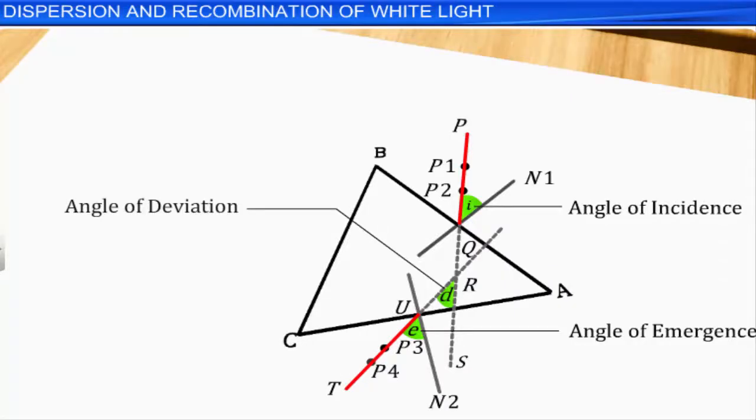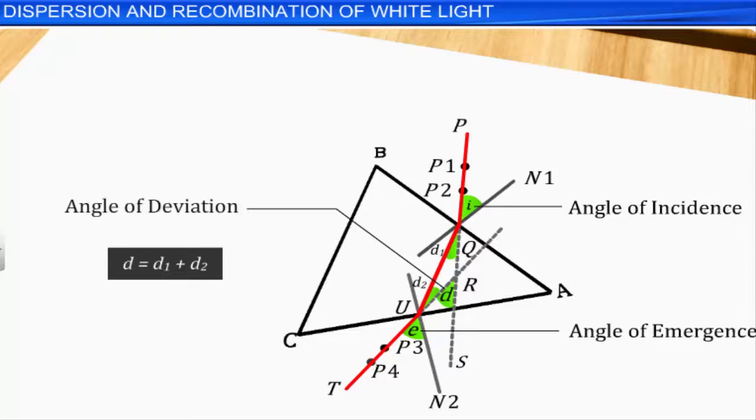Here, it is important to note that the total deviation of light D is equal to D1 plus D2, where D1 is the deviation of light at the first face of the prism and D2 is the deviation of light at the second face of the prism.